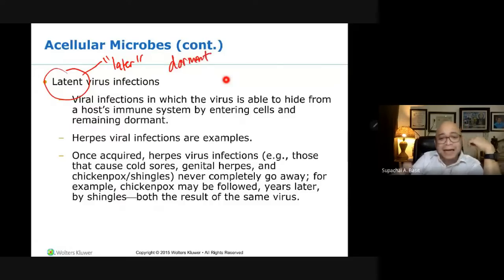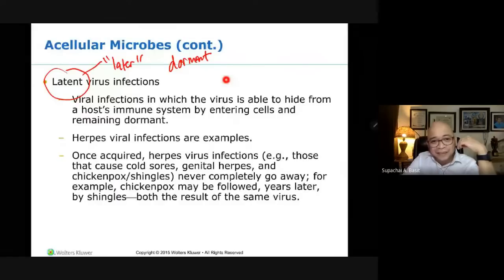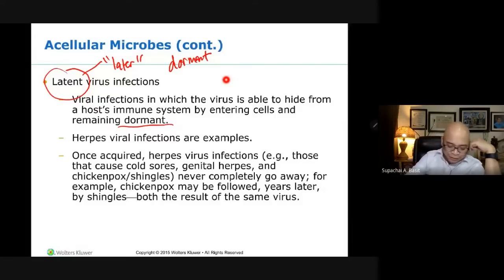And you know, when a volcano is dormant, it simply means that it is inactive. It doesn't necessarily mean that it's dead already. Okay? So same like viruses, viruses could become dormant. It doesn't mean that they are dead. So that's the reason why once you have herpes, you'll always have herpes because they never completely go away.